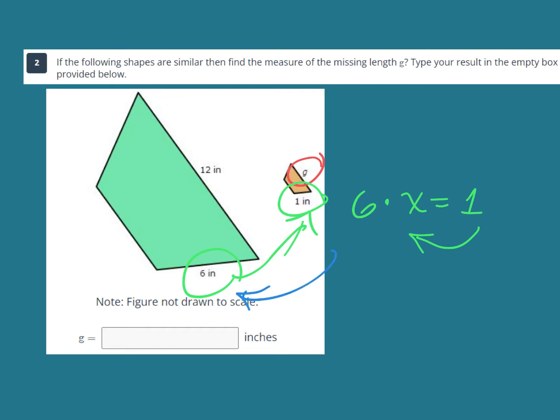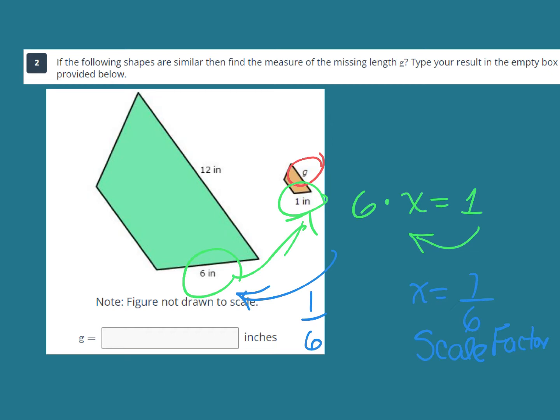1 divided by x. 1 divided by 6. Oh, there's my answer. X equals 1/6. That is my scale factor, right? So once I have my scale factor, I can now use that to find my missing side.